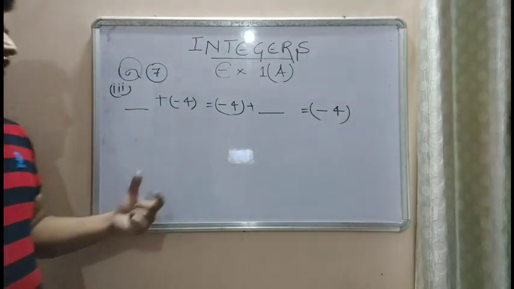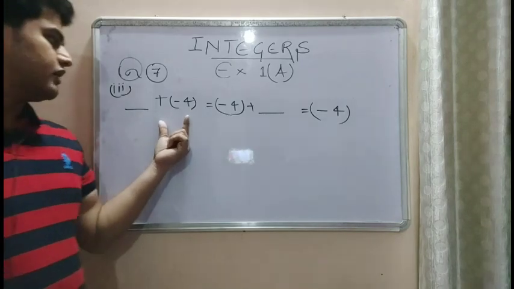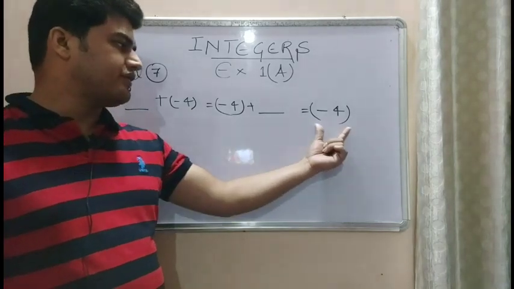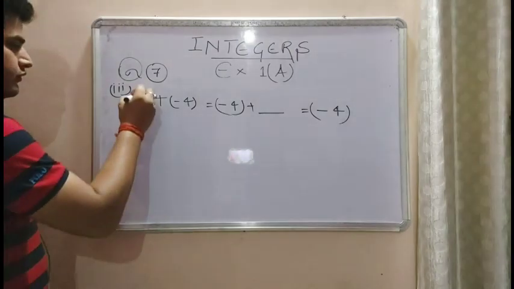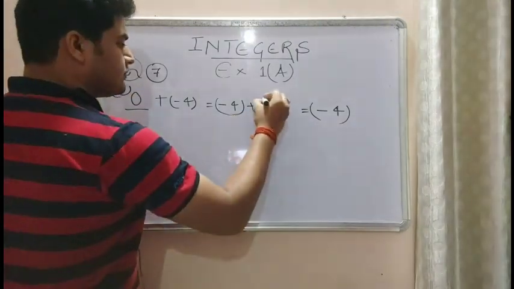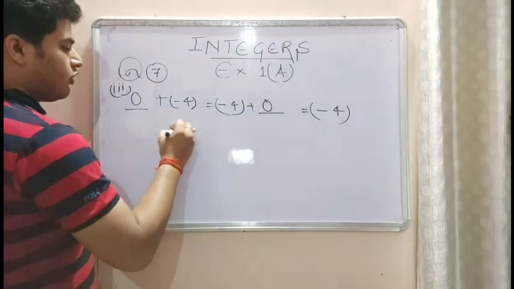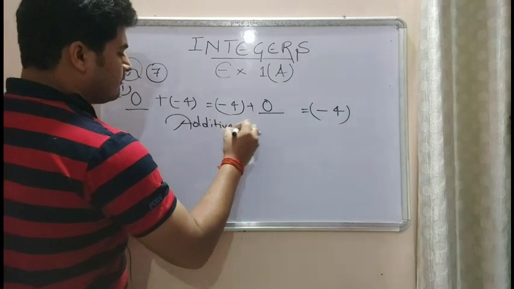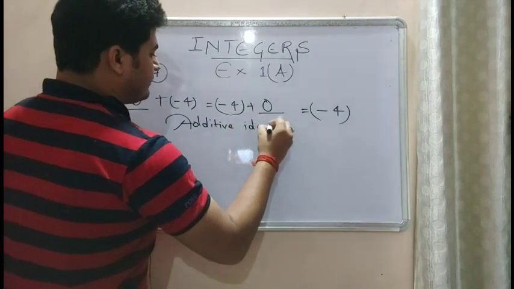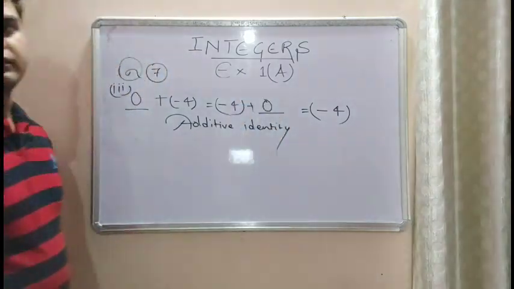So what can be that number which can be added to this number so that the result is the same? That number is 0. So we place 0. And this property is what? This property is additive identity. Additive identity. Right.